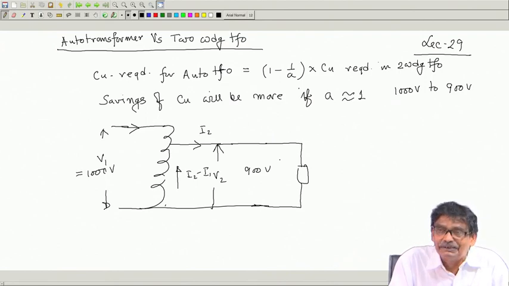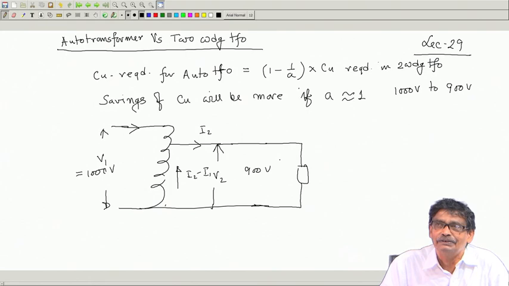But that voltage rise will not be too high, because it is already of the same order, we must understand that.